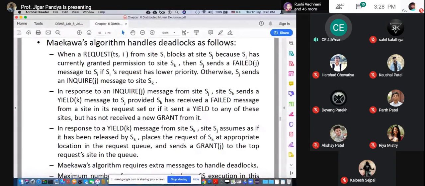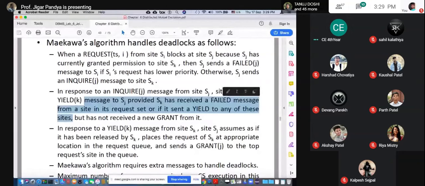Basically, site SK is not in the critical section already, for multiple reasons, one of which can be that it already received a failed message from some other site. And when will you get a failed message? You will get a failed message if your priority is lower than somebody else's.